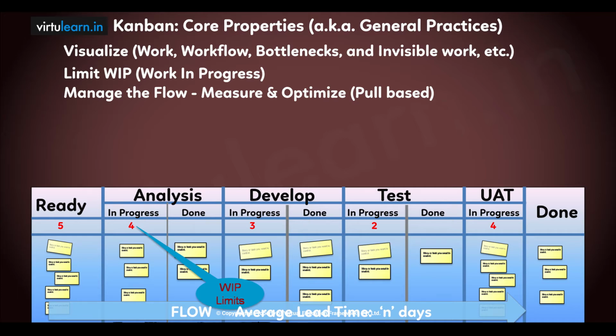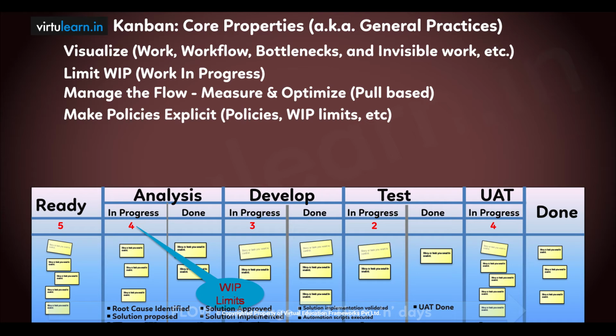The next practice is make policies explicit. Kanban has policies, which we call essentially the list of conditions. As the work moves from start to finish, as it processes through various activities, completion of each of these activities needs to be met with some conditions.